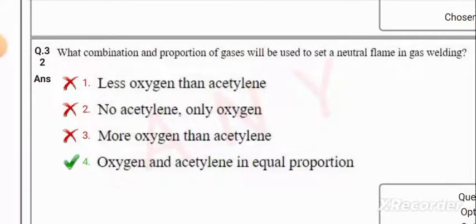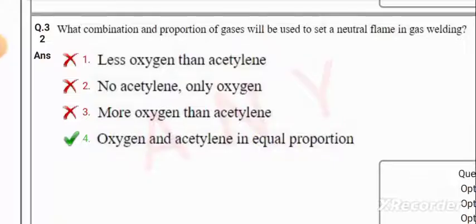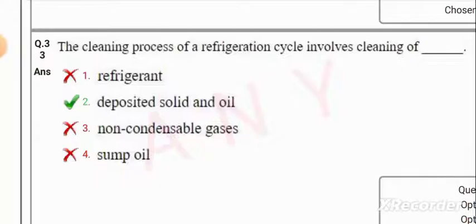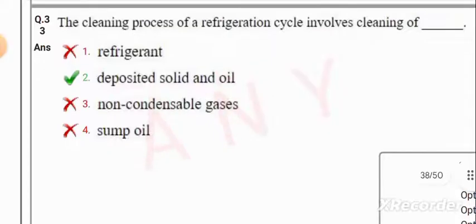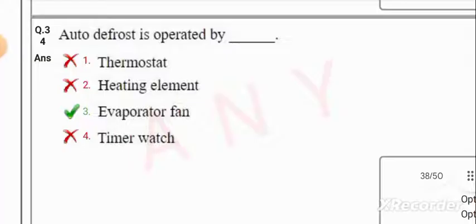What combination and proportion of gases will be used to set a neutral flame in gas welding? Oxygen and acetylene in equal proportion. The cleaning process of a refrigeration cycle involves cleaning of deposited solid and oil. Auto defrost is operated by evaporator fan.